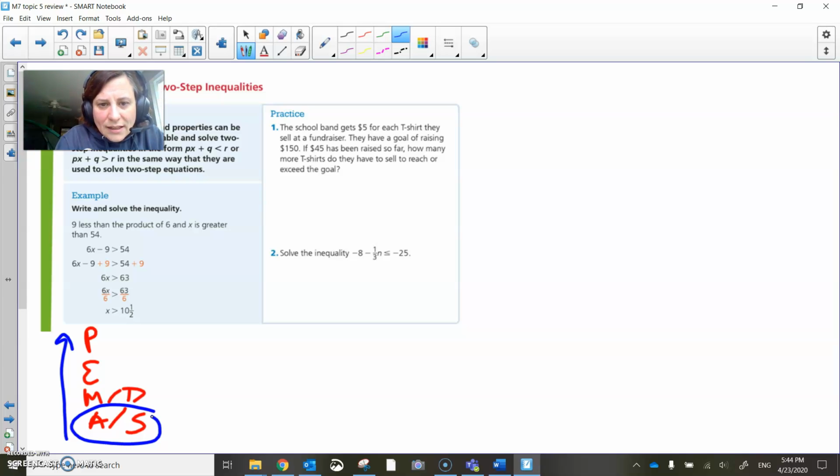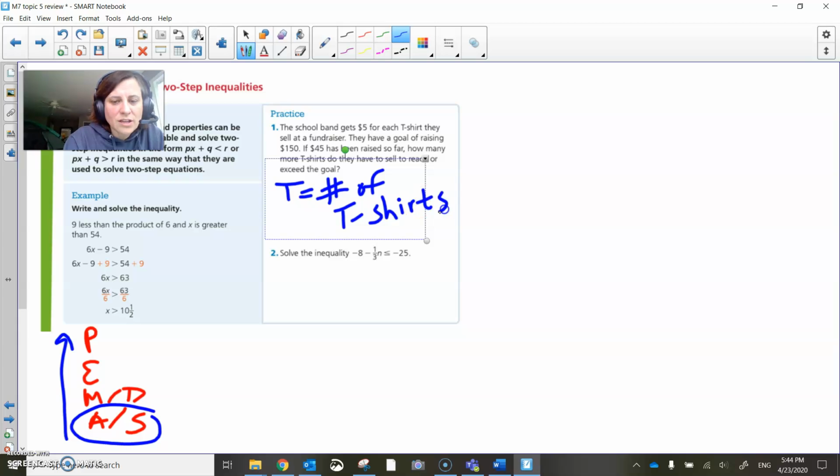It doesn't tell us what letter to use for t-shirts, so let's use a T. T equals number of t-shirts. If you are going to use a T, I want to encourage you to use a capital T because lowercase t's look like pluses.